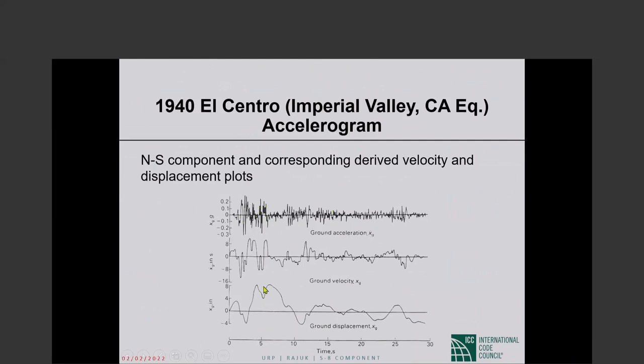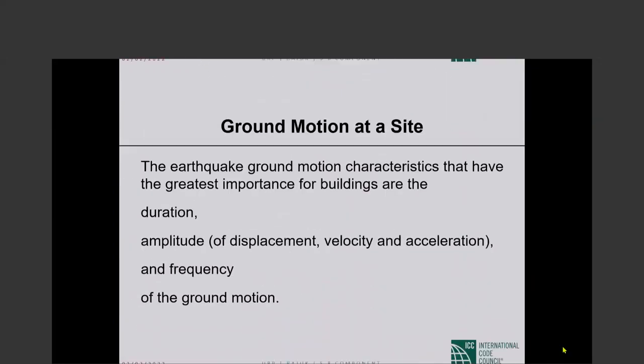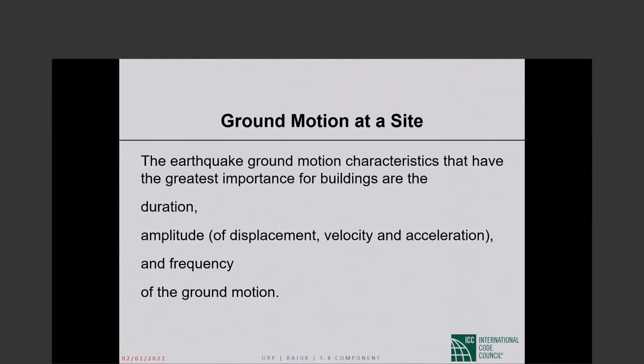The amplitude of displacement here is pretty high. So the earthquake ground motion characteristics that have the greatest importance for buildings are the duration, the amplitude in terms of displacement, velocity, or acceleration, and the frequency of the ground motion.